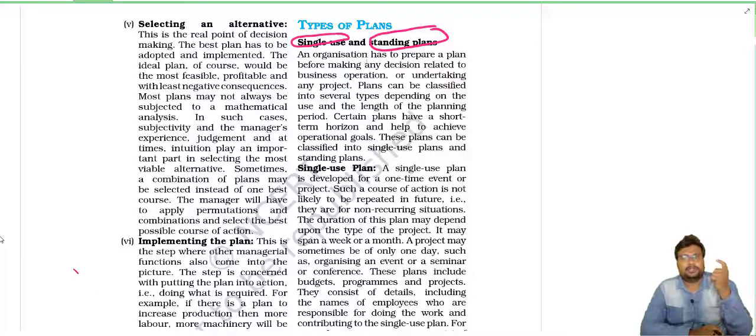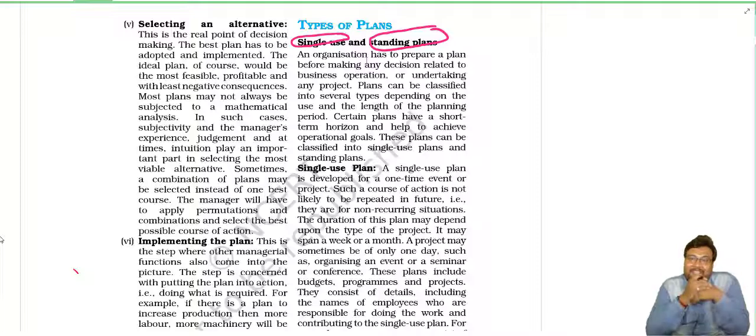It is a non-recurring situation, meaning the situation will not be repeated again and again. You will say, sir, the annual function comes every year in the school, but if you analyze deeply, it comes with different programs and different themes every year. So every year you have to change the plan.